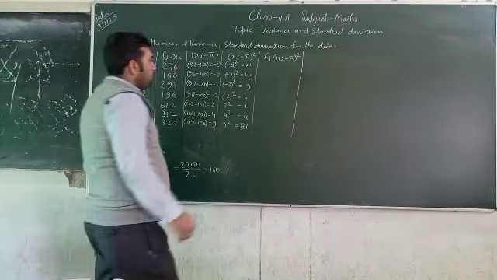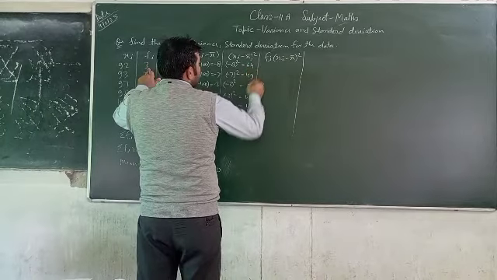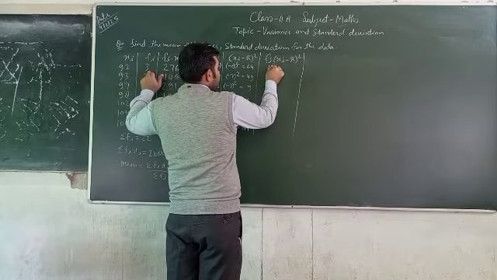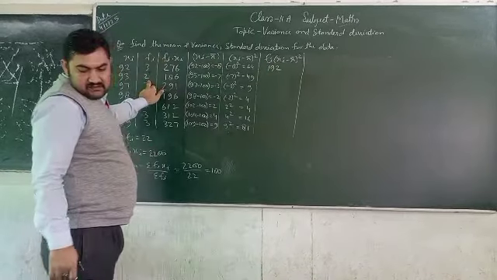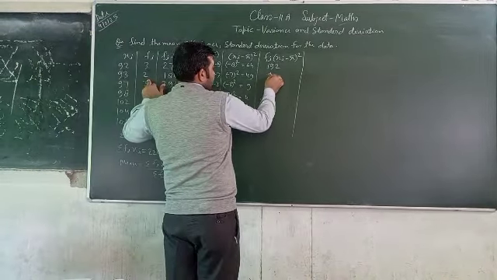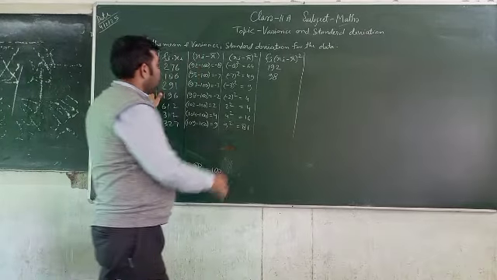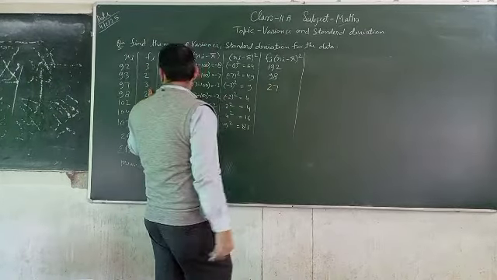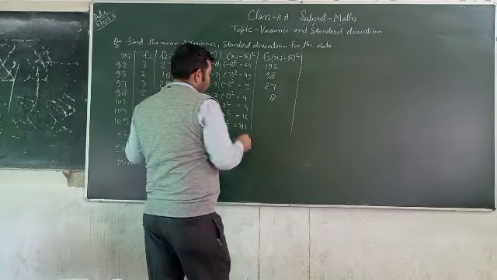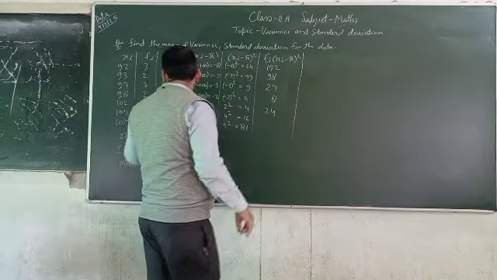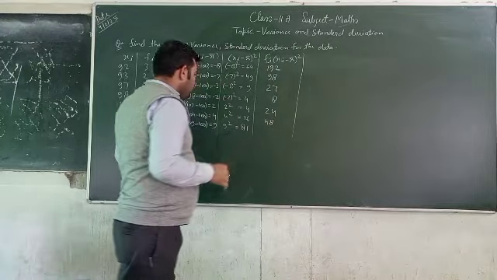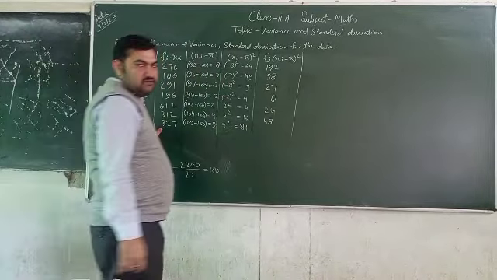And therefore 64 into 3, that is 192, and 2 into 49, that is 98, and 3 into 9, that is 27. 2 into 4, that is 8, and 6 into 4, 24. 3 into 16, 48, and 3 into 81, that is 243.